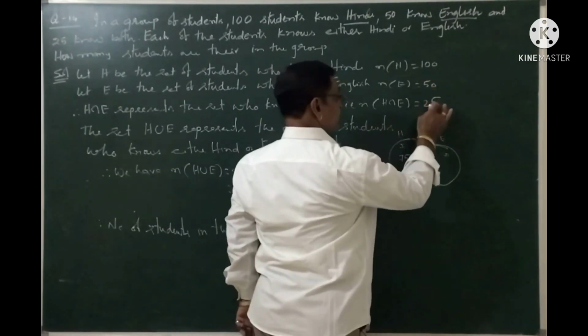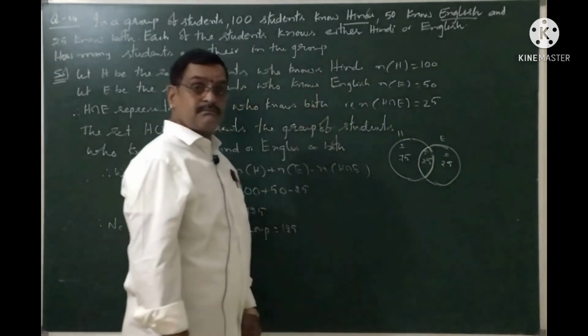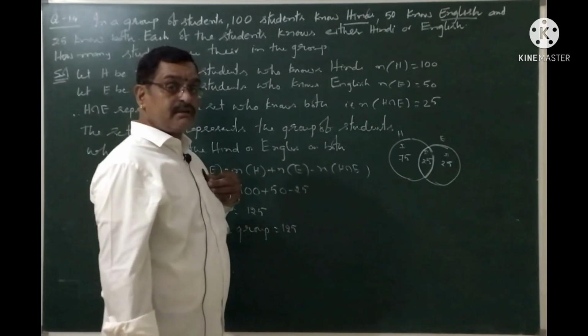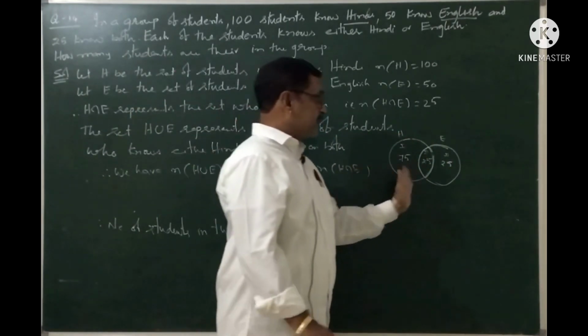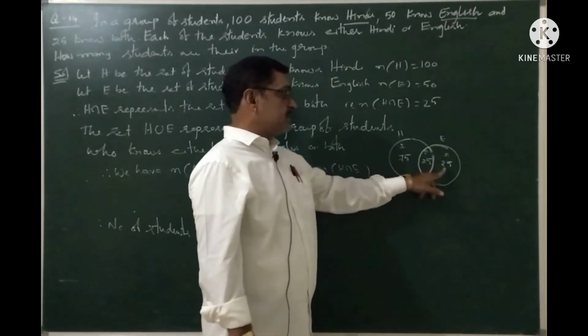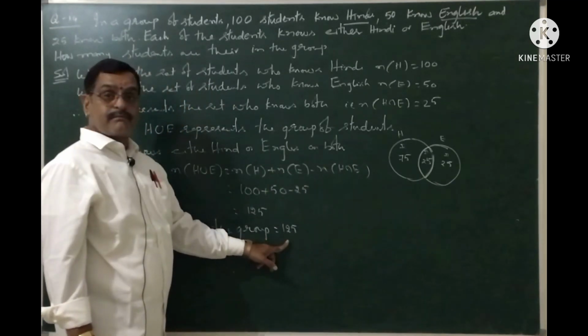So 50 minus 25 is 25 in the second part. Now from the diagram, I can find very easily what H union E is. It's nothing but adding all three numbers: 75 plus 25 plus 25 is equal to 125.